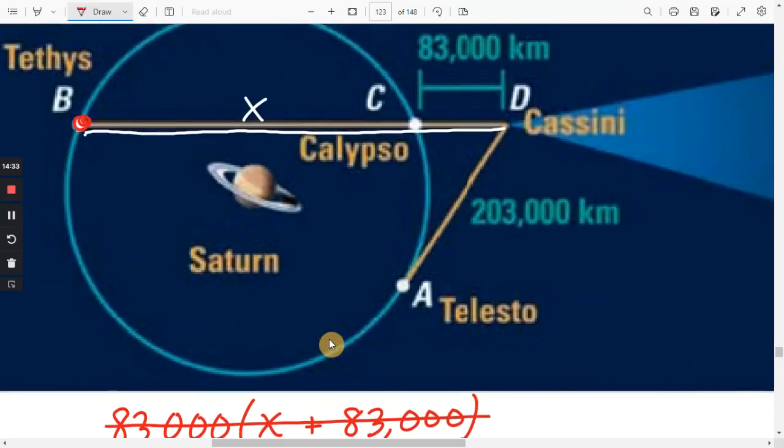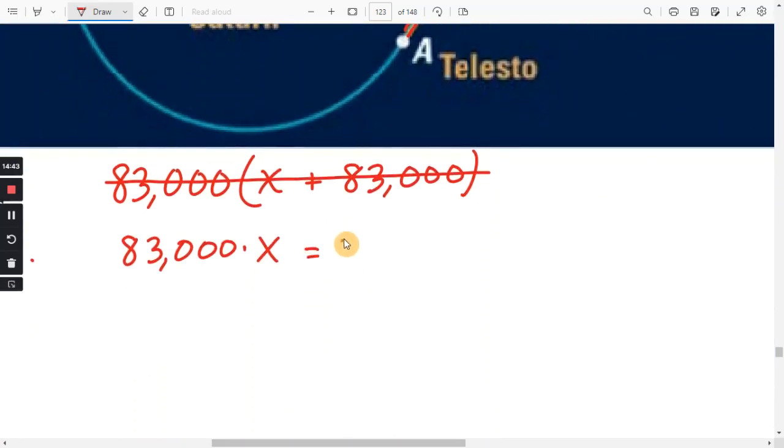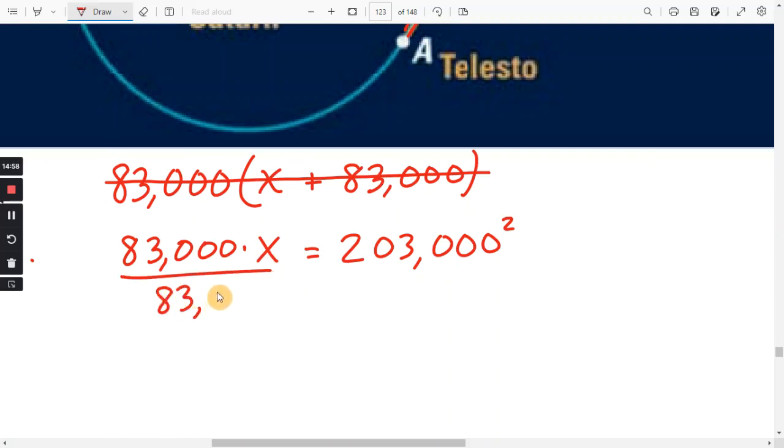And that is going to equal the tangent right here times itself. So 203,000 squared. All right, so it's actually an easy problem. It's just big numbers. The opposite of times 83,000 is divided by 83,000.